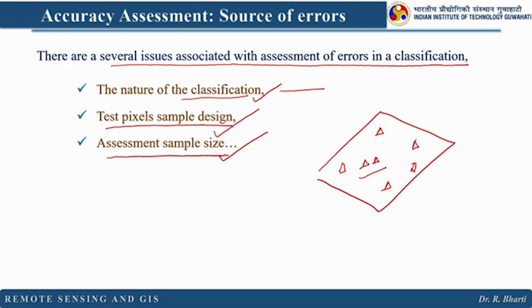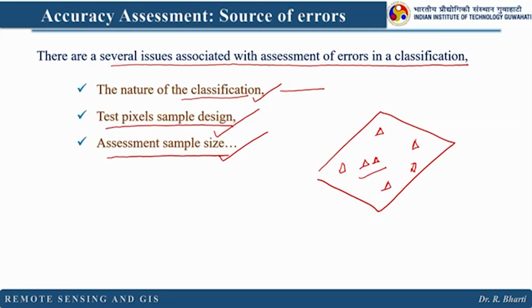How did you plan your sampling? How did you decide the number of pixels or number of GCPs required in classification and in assessment? That is also going to matter here.